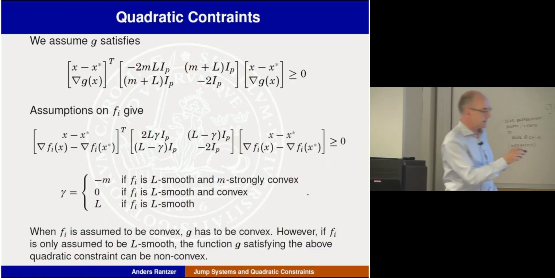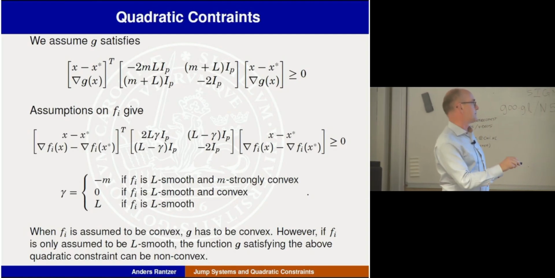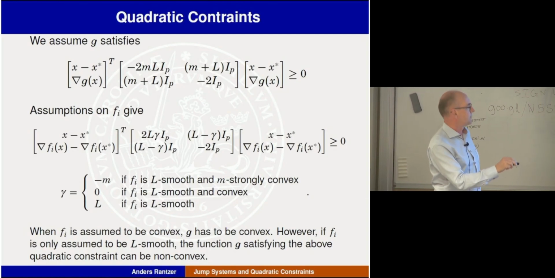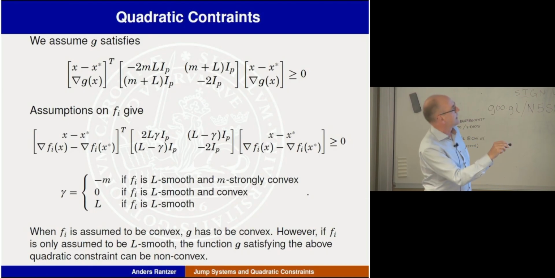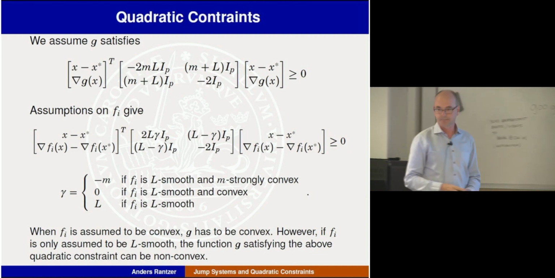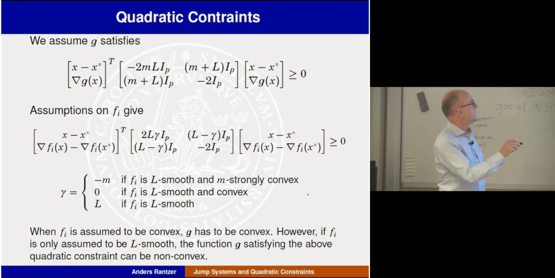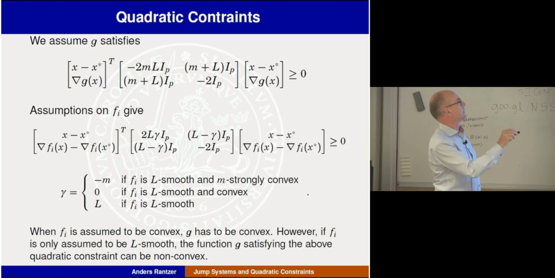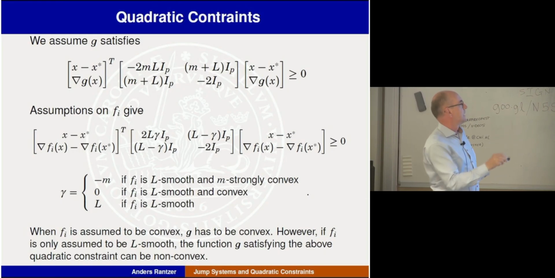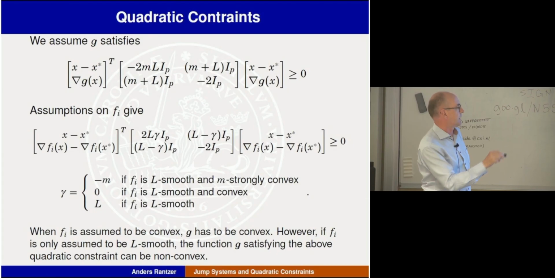And then the quadratic inequalities, they come from assumptions on our objective functions. So if you have L smoothness and M strong convexity, you get the quadratic inequality that is satisfied by the gradient. And here I'd like to emphasize that you can have different quadratic inequalities for the sum G and for the individual terms Fi.